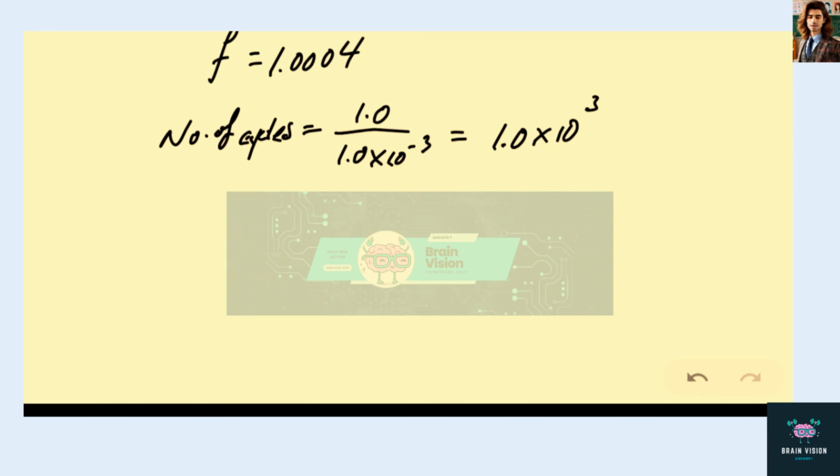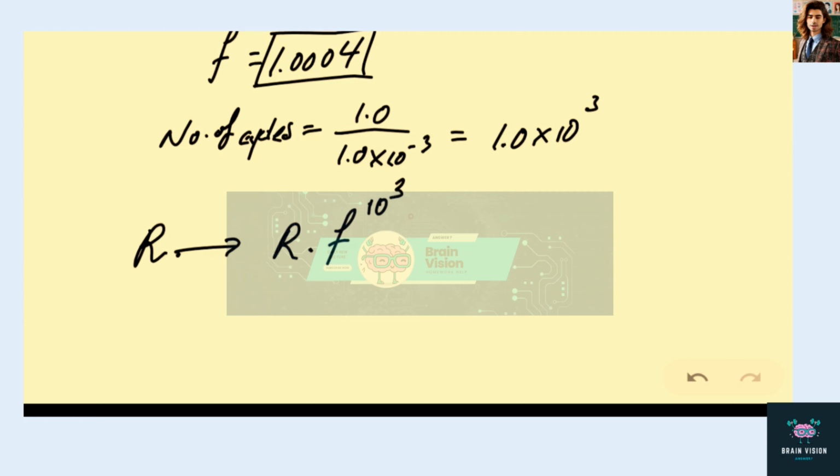To find the increase in the rate, since with each cycle the rate is multiplied by this factor, let's say we have an initial rate of R, the final rate will be R times F to the power of the number of cycles, which in this case is 10 to the power of 3.